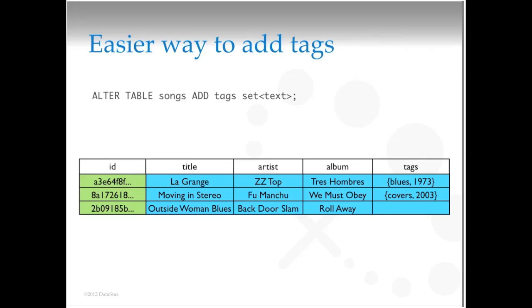So for the song tags example, in 1.2, I could just say alter table song and then add a tags column that was a set of the tags. And so that would look like this, where instead of pulling those out to a separate table, I now have a tags column and the data in it is a set.